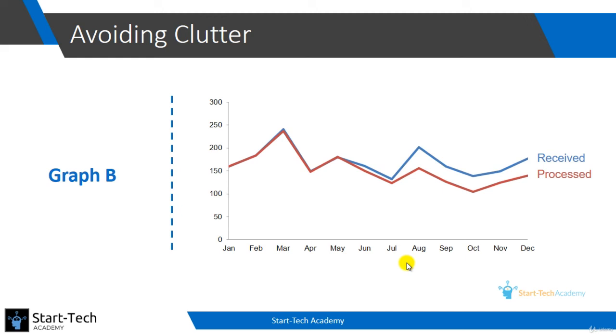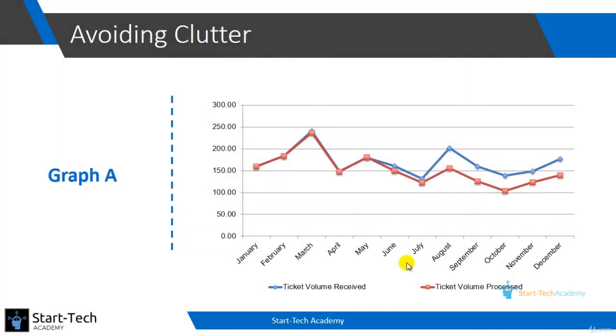The fifth point is that here we had two lines, one is a blue line and one is a red line, and we have highlighted that blue line represents ticket volume received and red line indicates ticket volume processed.